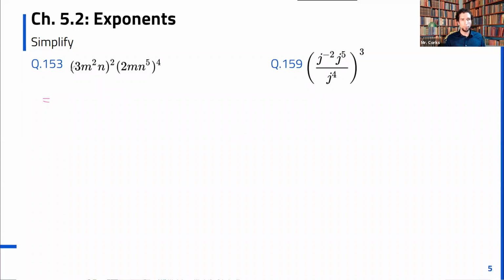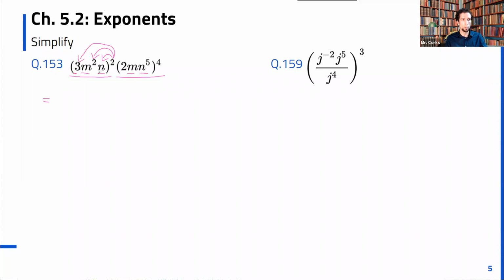So the one on the left, let's take each of them separately first, but then we see there's an m on both sides, there's an n on both sides. We're going to have to combine these at the end, but for now, let's keep them separate. So again, just like expanding, we take the exponent 2 on the outside and apply it to each of the things on the inside.